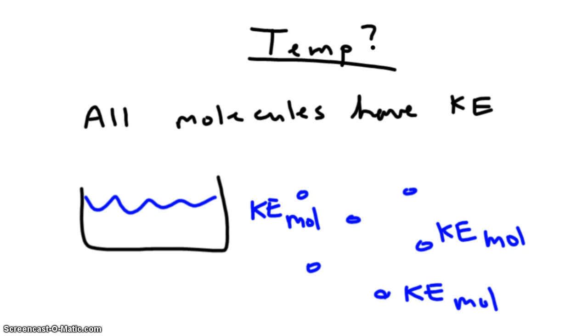So if you take all of the values of individual Ke, you take this value of whatever this molecule's Ke is, you take the Ke for this molecule, you take the Ke for this molecule, if you add them all up and you average them together, you'll get one single value, which we call the average kinetic energy of a molecule in the substance.